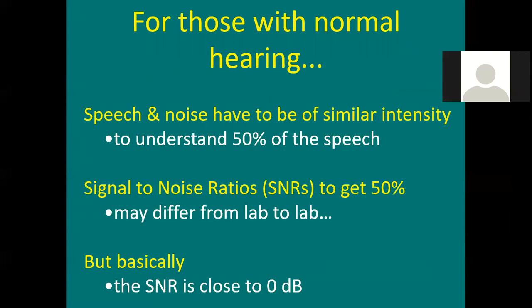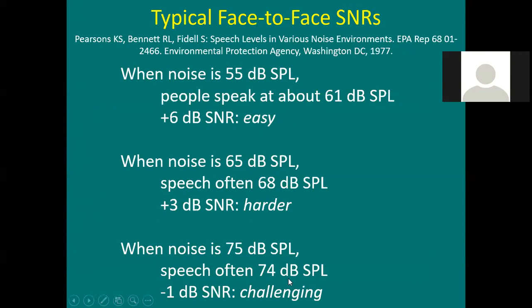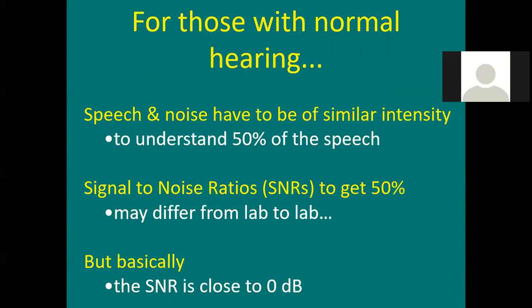Here's another slide you need to have committed to memory, okay? Speech and noise, if they are of similar intensity, look at the bottom one. If they are of similar intensity, you'll get about half the speech, okay? Especially if you can't see the person and read his lips. You'll get about half the speech, and that's if you've got normal hearing.